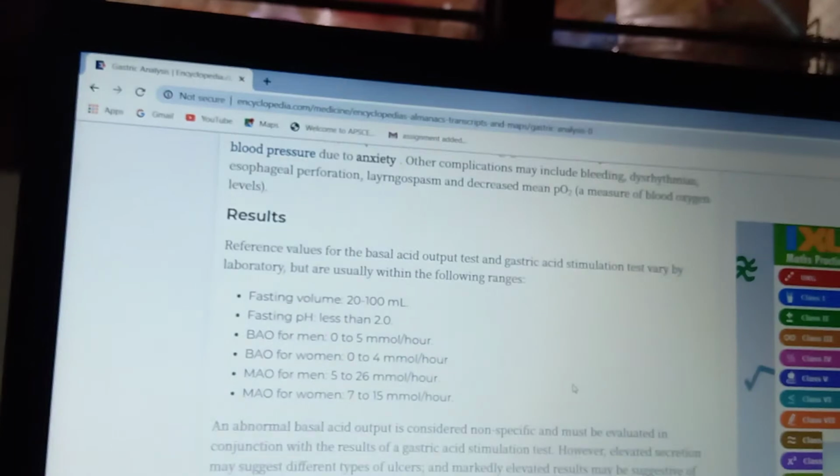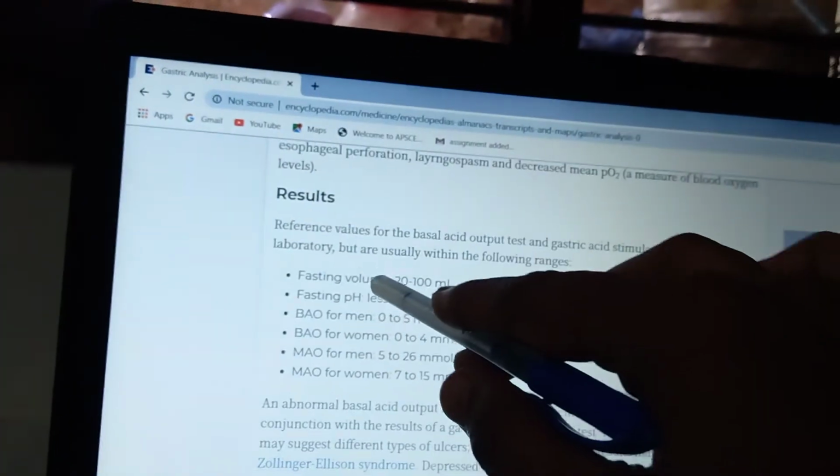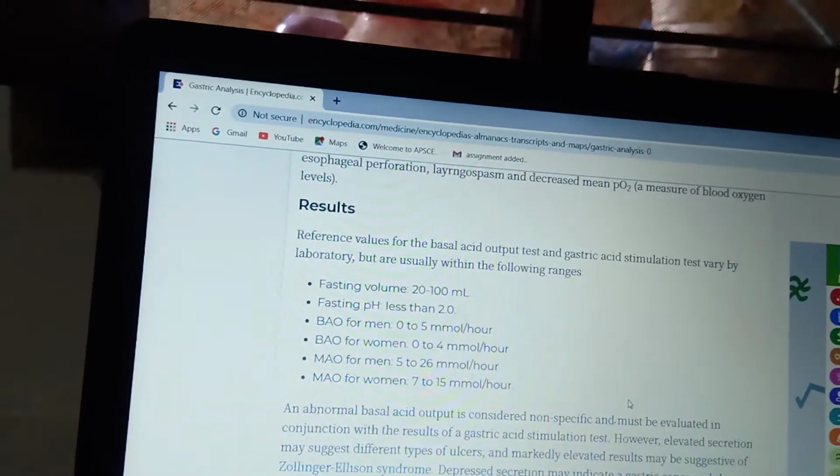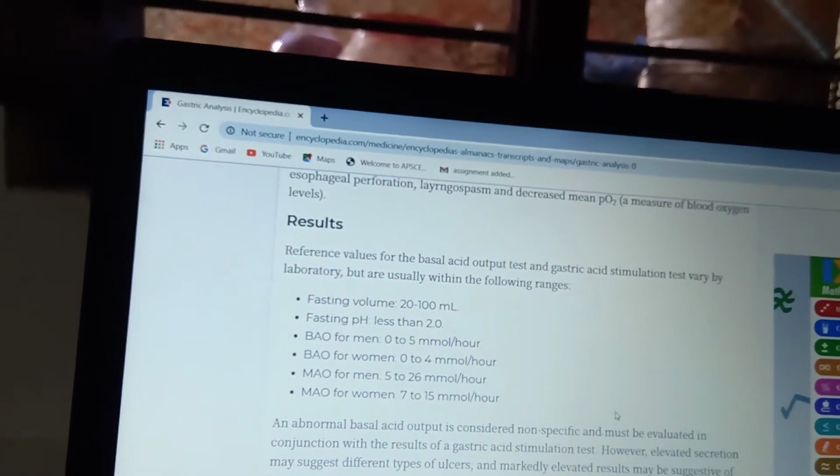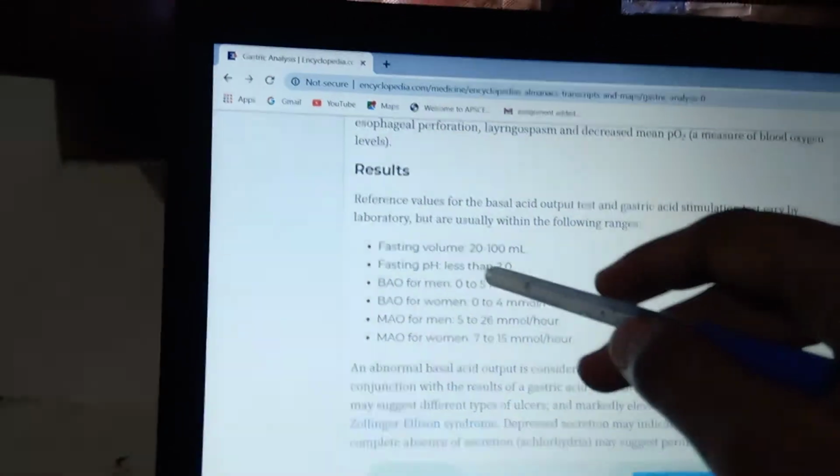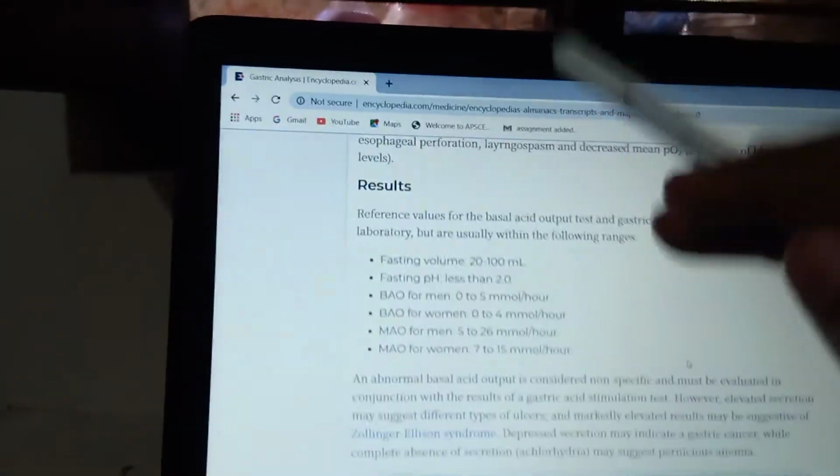Those normal values are what we use for the test. So what is the normal value? Fasting volume 20 to 100 ml, and fasting pH should be less than 2.0; then only it is normal.